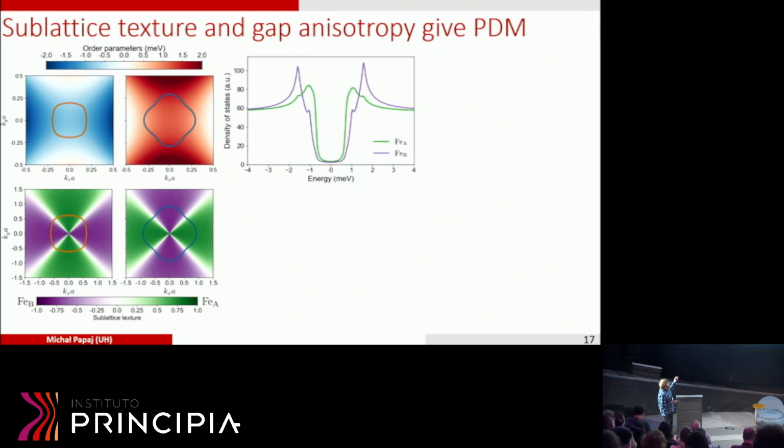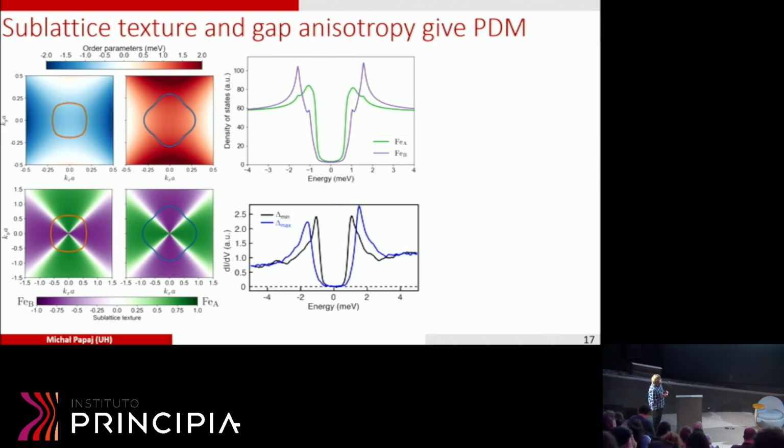And if we now calculate our density of states in such a case, we can see that indeed we get a different position of the coherence peaks. We still have a U-shaped gap, because we are far away from the nodal lines for this particular set of parameters, but we have a clear separation between the position of the coherence peaks at sublattice A and at sublattice B. In comparison with the experimental data, this is the major feature that could be reproduced.